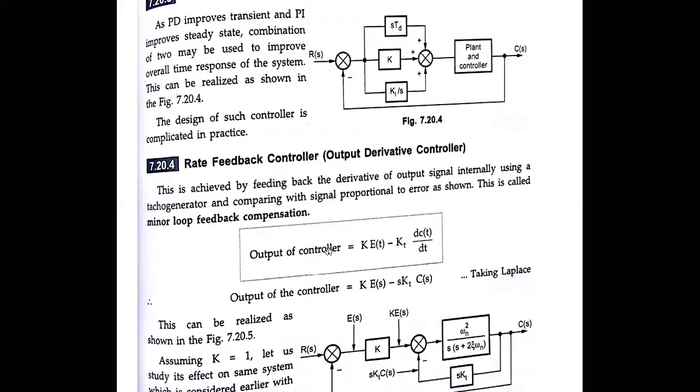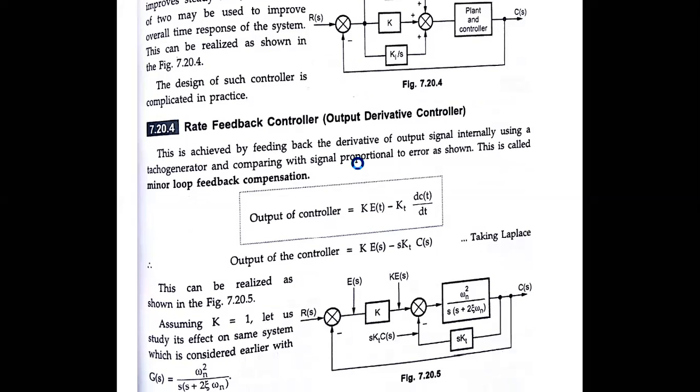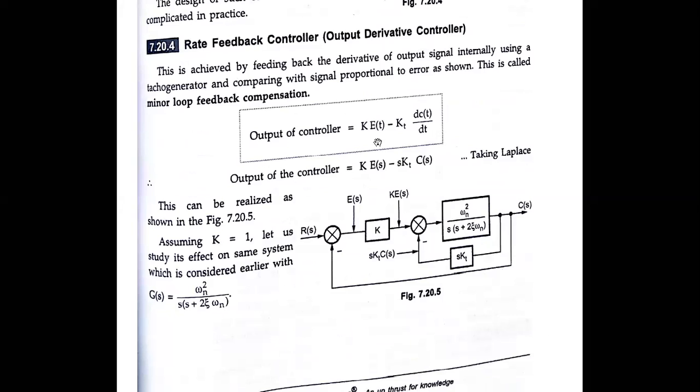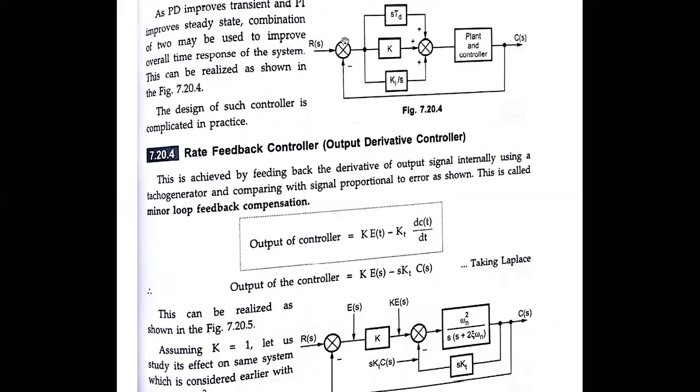The output of the controller is given by the formula K multiplied by e(t), because here we have the e(t) signal, which is called the error signal, always available after the summing point. So K multiplied by e(t) minus Kt multiplied by d of c(t) divided by dt, because c(t) is nothing but your output.